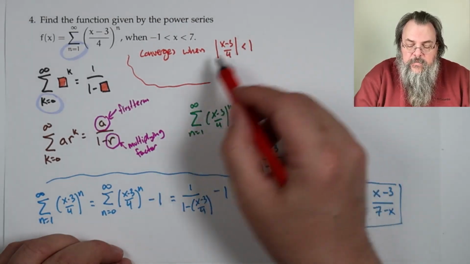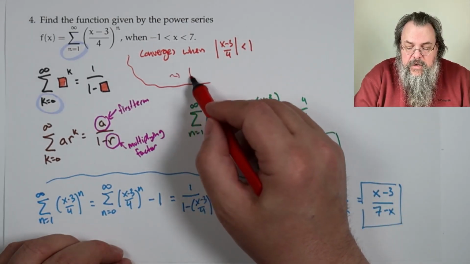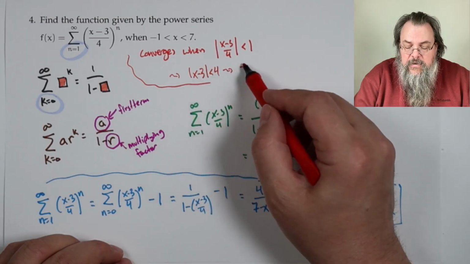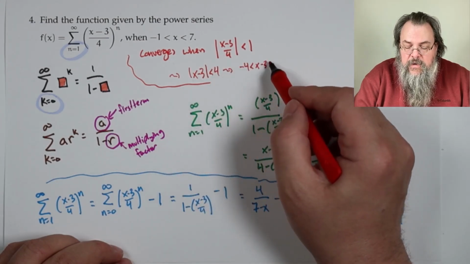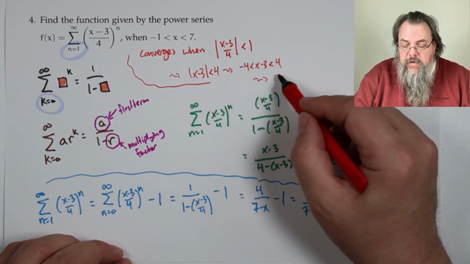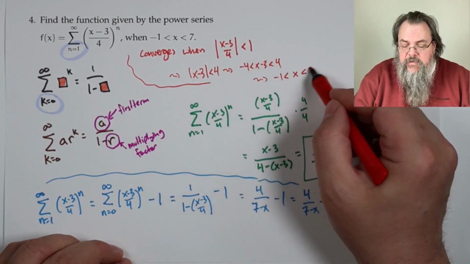Now, if you cross multiply, this says that x minus 3 in absolute value is less than 4. Oh, this means that negative 4 is less than x minus 3 is less than positive 4. Oh, hey, that just means negative 1 less than x less than 7.